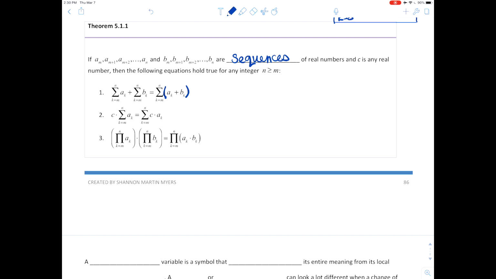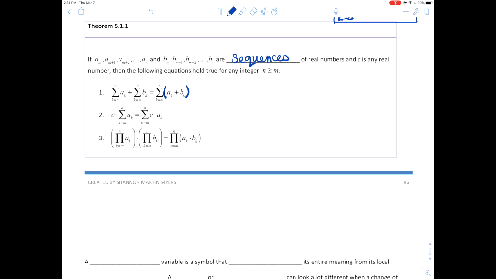But when you have a product, you don't have to put parentheses in there, okay? It's assumed. Notice that for summations, you do not see a formula for the summation of a product unless that product consists of a constant times a sequence, all right? So keep that in mind.